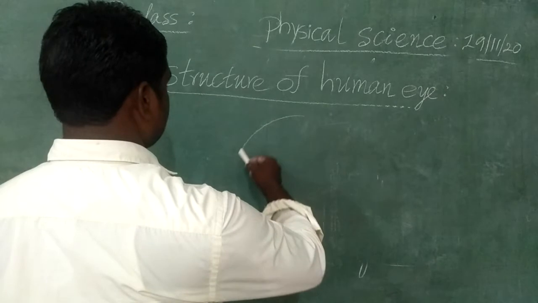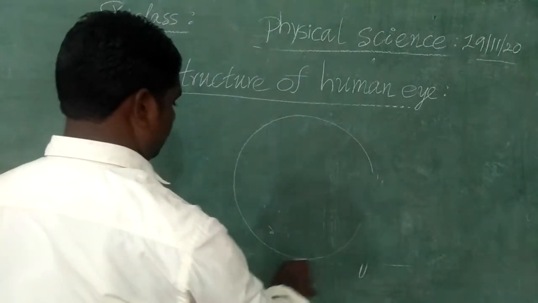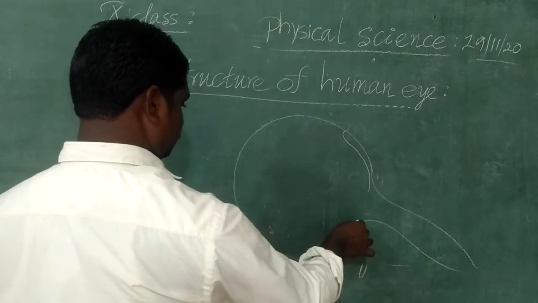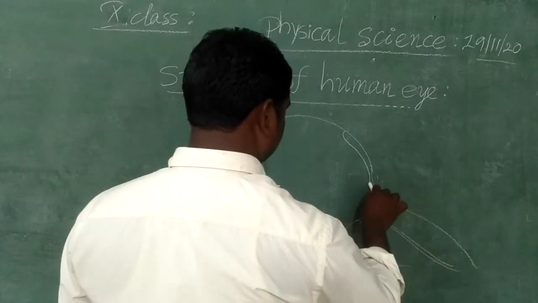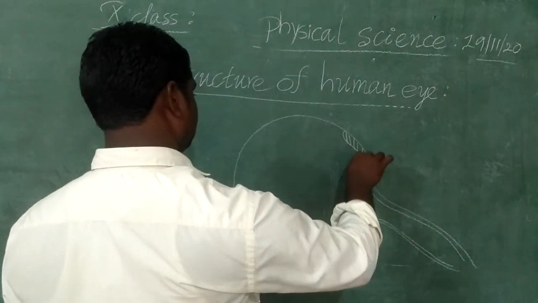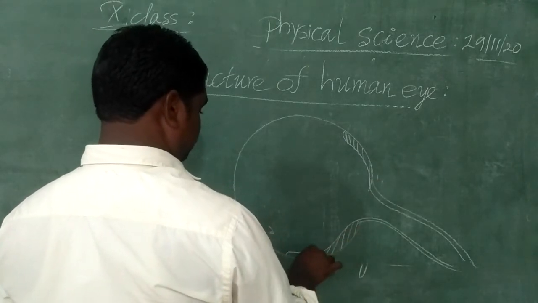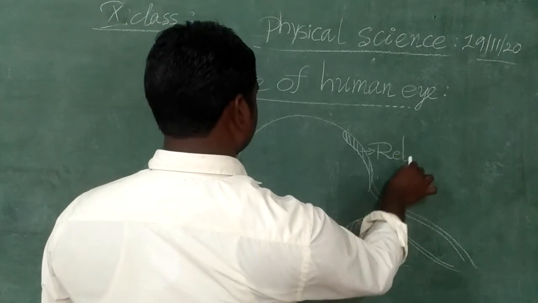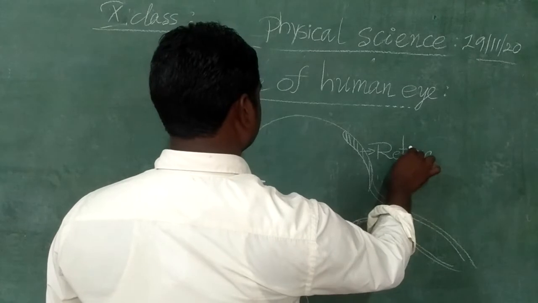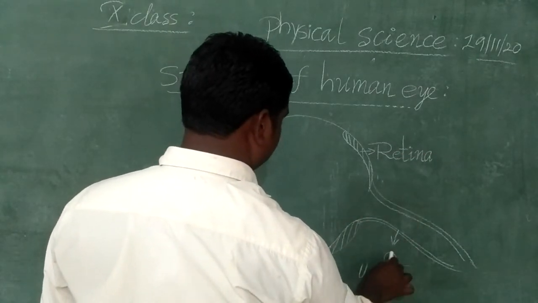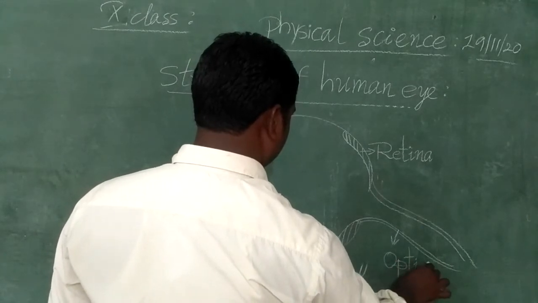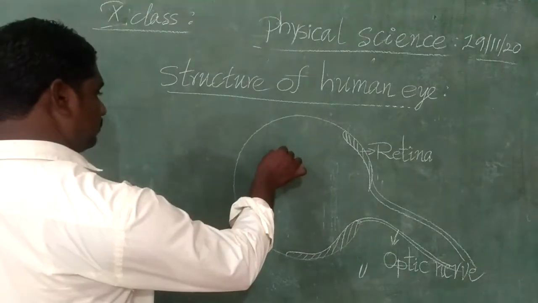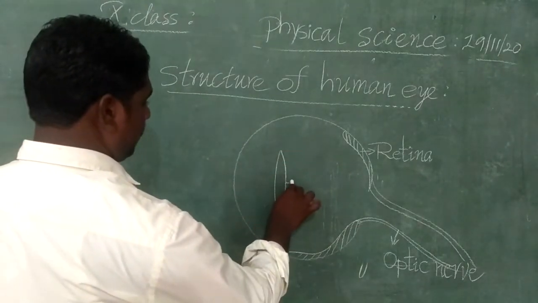Okay, students, look at the structure of the human eye. This is the retina. This is the optic nerve. This is the eye lens.